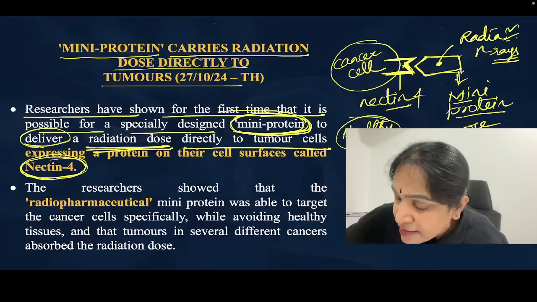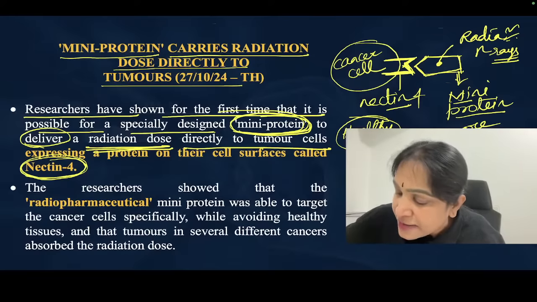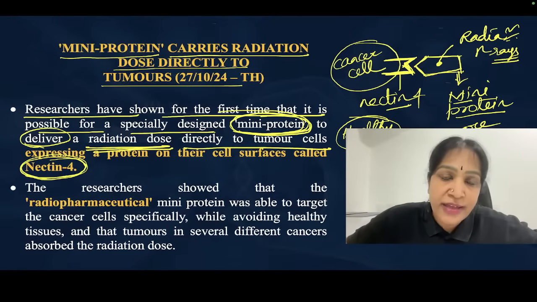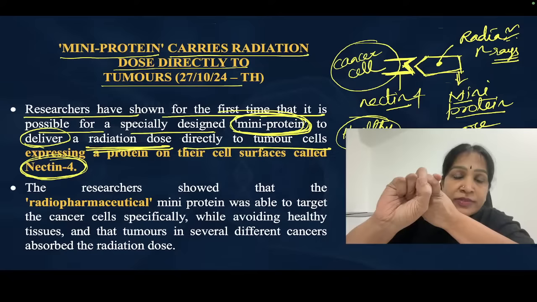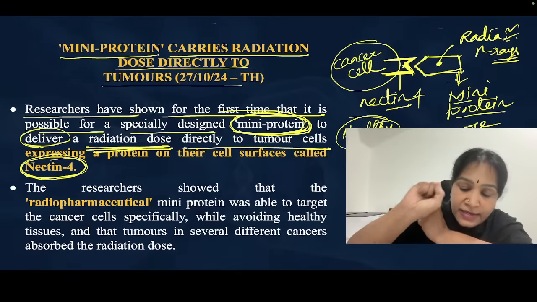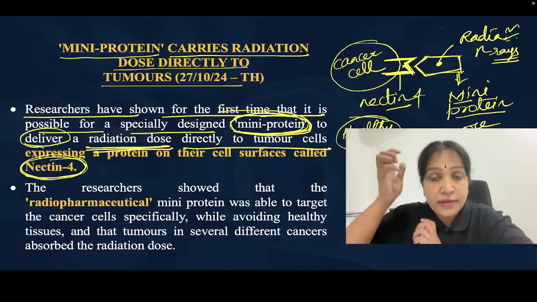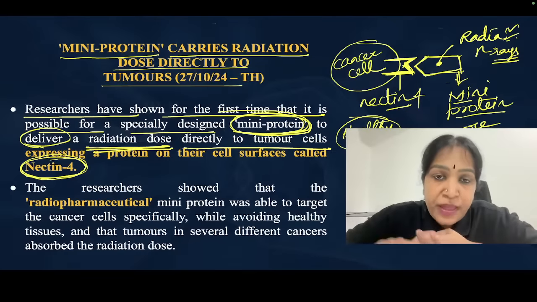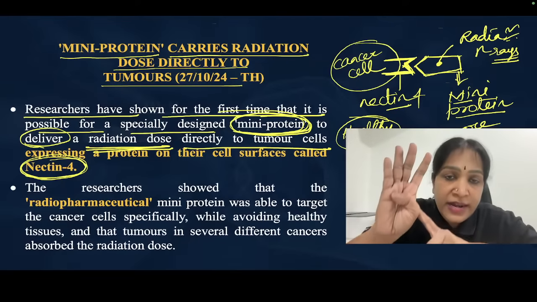Is it clear? Why are we sending? For therapy. Mini protein we are sending. Nectin 4 is already there on the cancer cells. But they both are like lock and key. Is that clear? They both are like lock and key. Mini protein can bind to nectin 4.